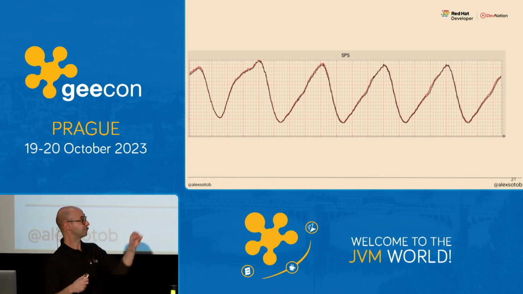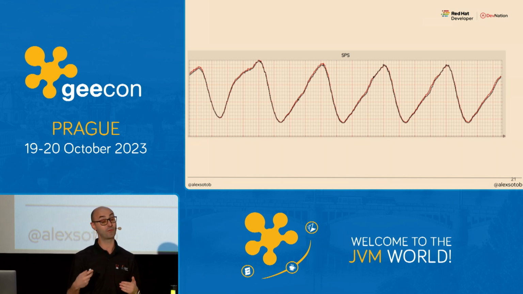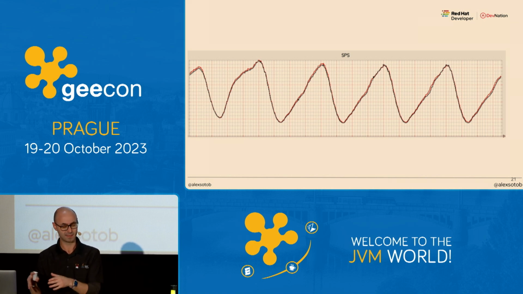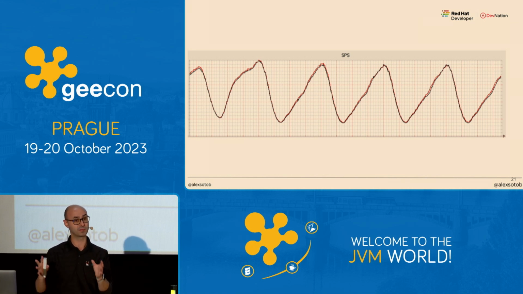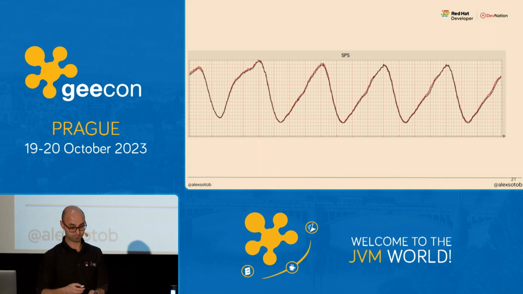But what happens if this graph is different from version 1 to version 2? It means that there are some failures, and you have integrated some kind of regression into your new version. For this reason, I insist that monitoring your application is really important. That's the key point to make progressive delivery smooth.